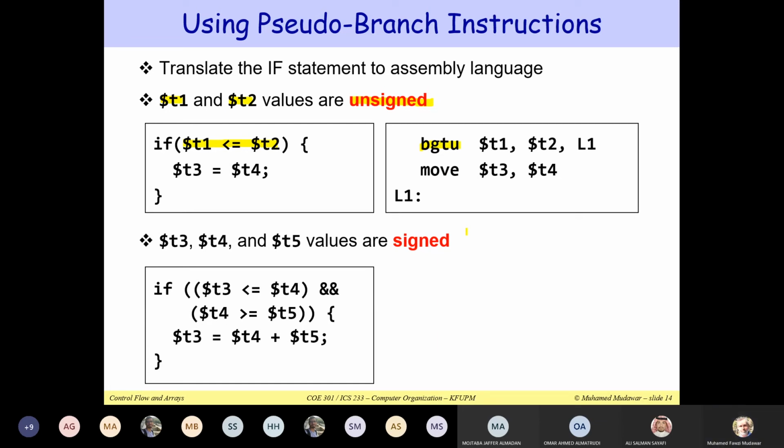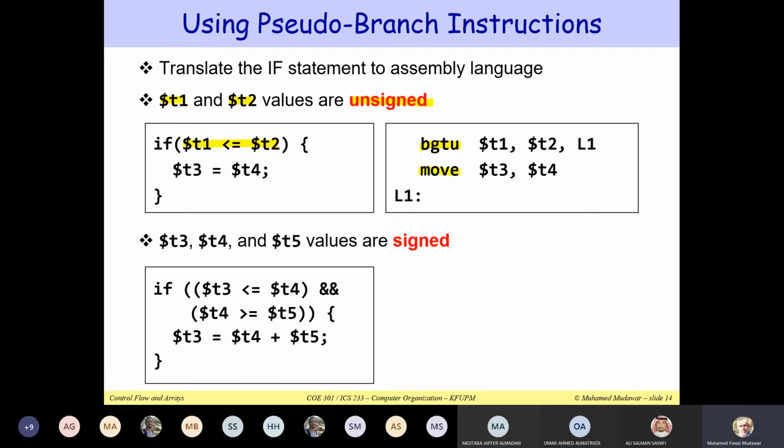Is this clear? Yes. Remember that the branch greater than unsigned is not a real instruction. It's a pseudo instruction, and therefore it's translated by the assembler into real MIPS instructions. So really, this branch greater than unsigned is translated into two real instructions by the assembler.